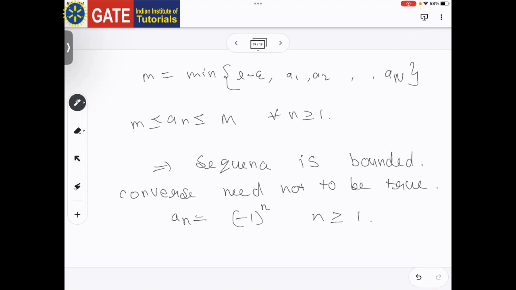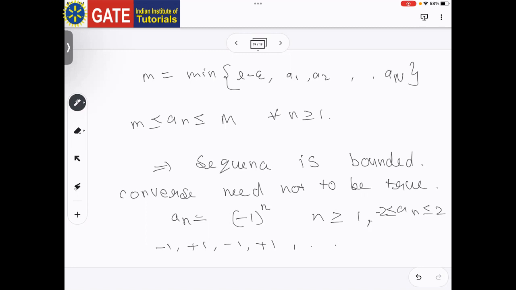This sequence is like minus 1, plus 1, minus 1, plus 1. This sequence is bounded, right? Yes, sir. a_n is between 2 and minus 2, or 1 you can also say. So the sequence is bounded.